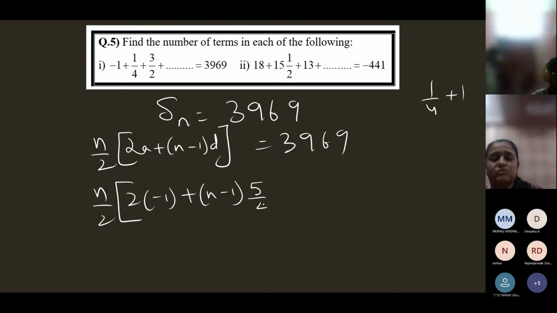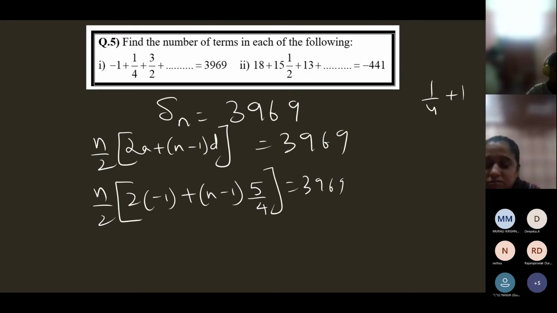So when you work this, you'll get a quadratic equation. Solve and find the value of n. Do both the sums. Do the first one and tell me the answer first. When you get the quadratic equation, share that with me.